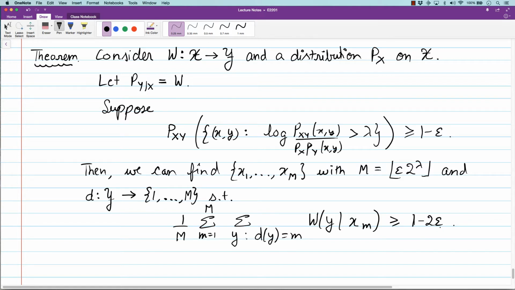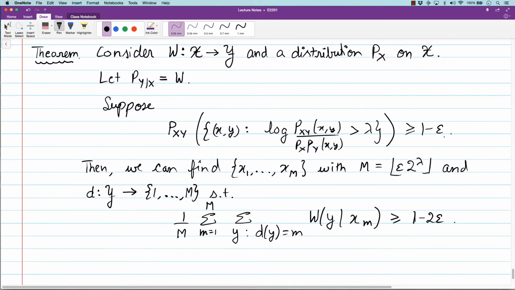So you can find a code with average probability of error less than 2 epsilon. This is 2 epsilon here, and this is another epsilon which adds up from this. So that's the claim. You can think of it as a single shot achievability result, because we are not doing it for IID sequences.